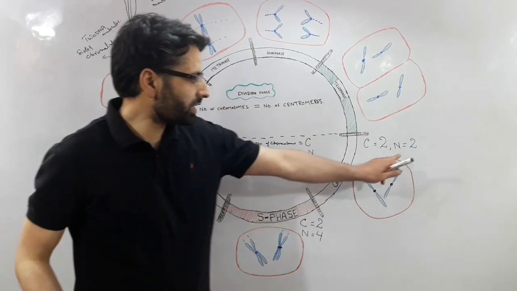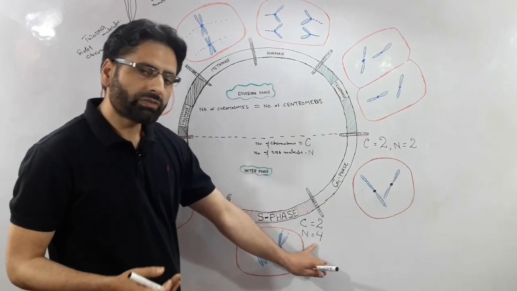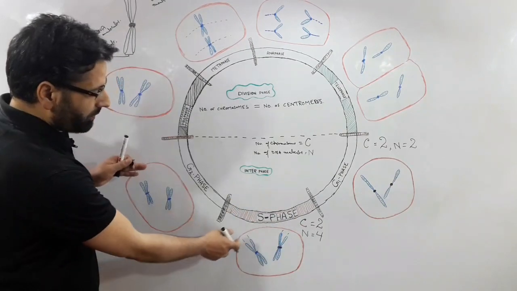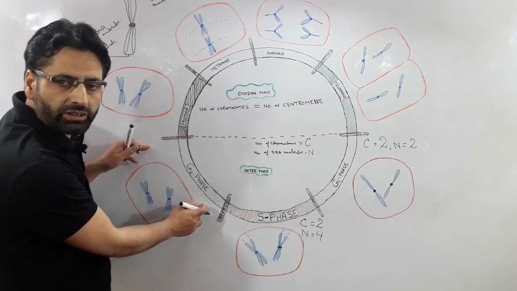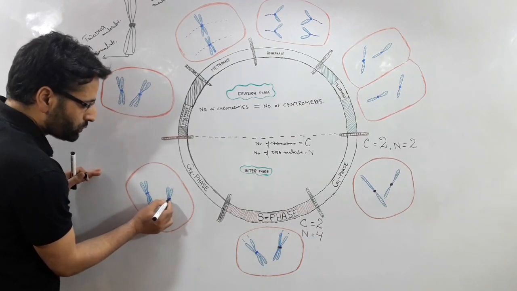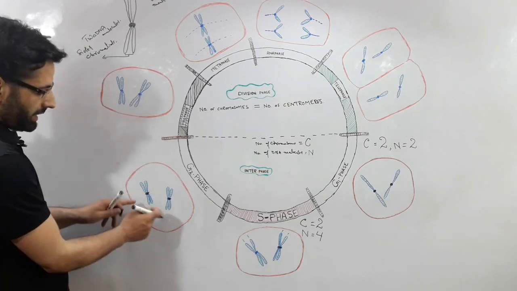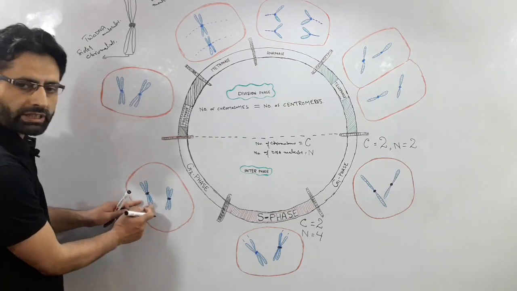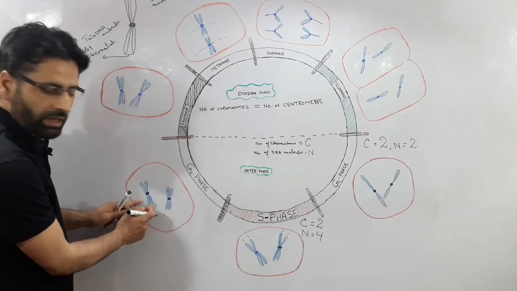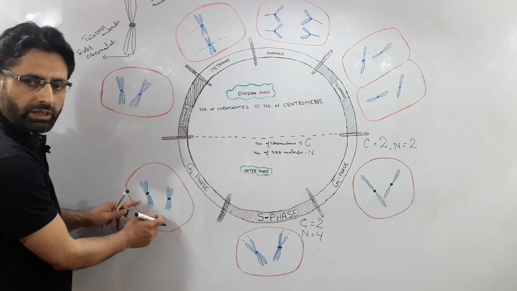So here we have 2 DNA molecules, and in the late S phase we have 4. After the S phase the cell enters the G2 phase, where we again have 2 centromeres, 2 chromatids in a single chromosome, and 4 chromatids in the 2 chromosomes.